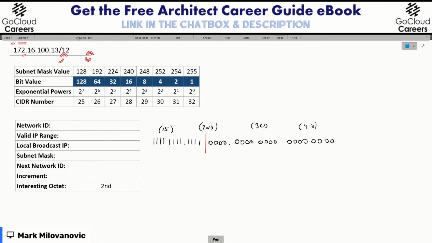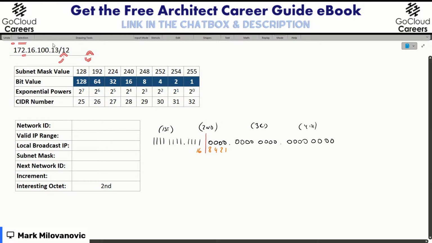As we said, the final network bit is my increment. So there's a few ways I can do this. I can write down my actual values, and then I can find out this one is 16. That's one way I can do it, right? So I'm actually going to add it in here as 16.